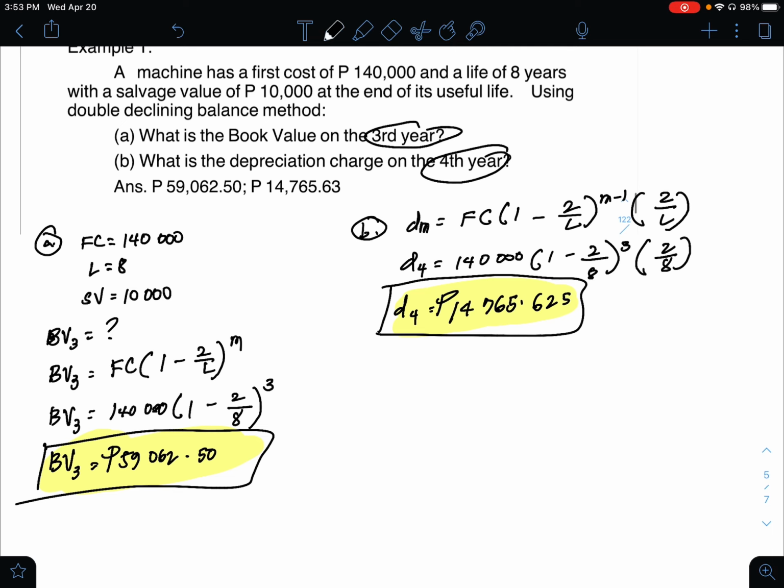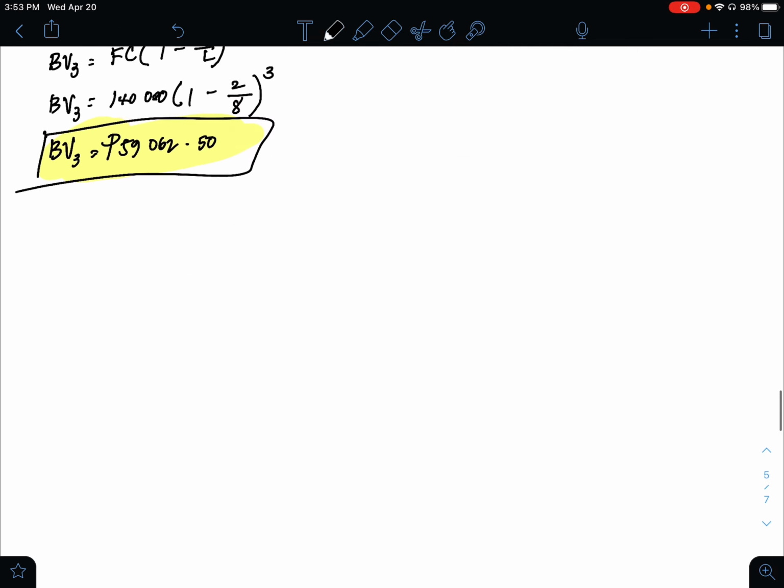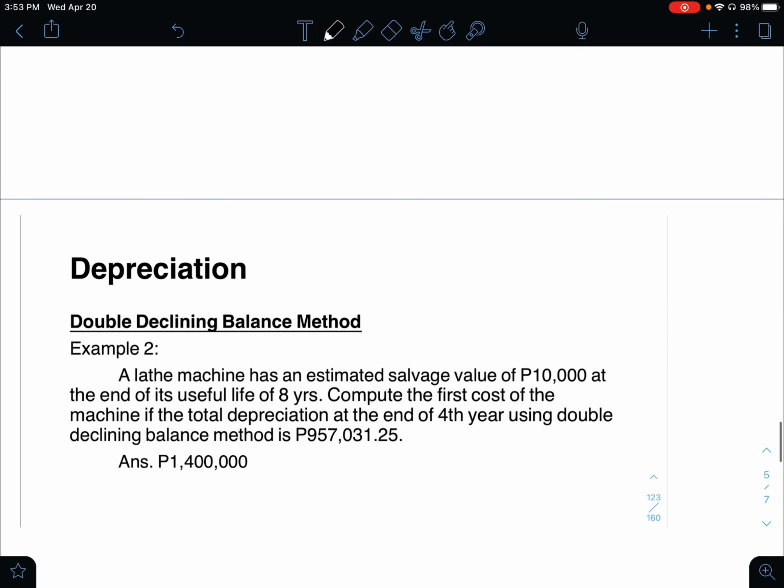Okay, let's proceed with problem number 2. A lathe machine has an estimated salvage value of 10,000 at the end of its useful life of 8 years.